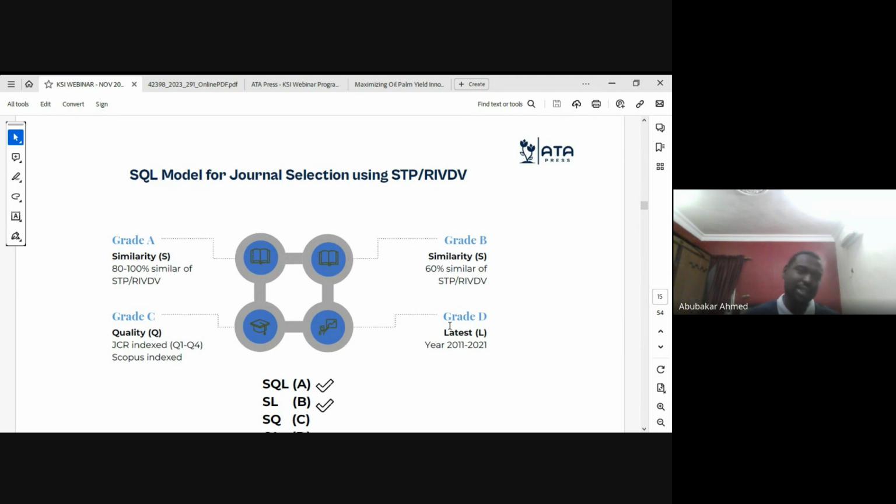But for you to get indexed in Scopus, it takes 2 years of publication. After those 2 years, once the journal is indexed in Scopus, the papers you published up to 2 years prior to indexing will still exist in Scopus also.